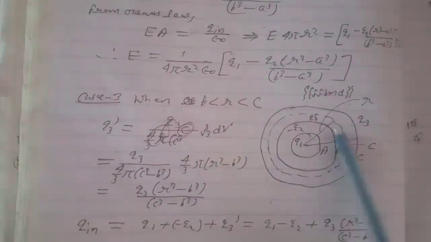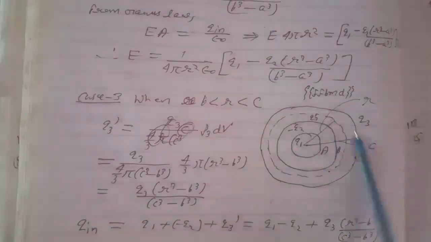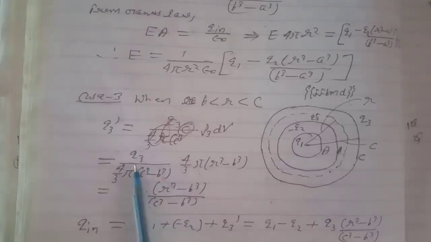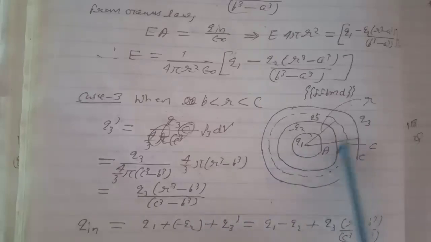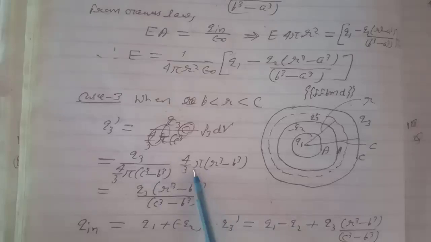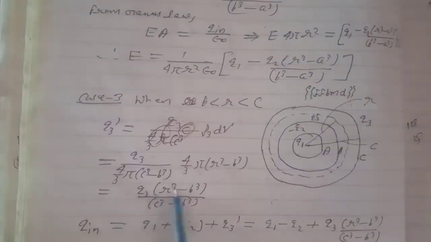So we first have to calculate the charge in this solid spherical shell, which will be given by this formula. So it is q3 by 4 by 3 pi (c cube minus b cube) into 4 by 3 pi (r cube minus b cube), the volume of this spherical shell, which equals q3 into (r cube minus b cube) by (c cube minus b cube).